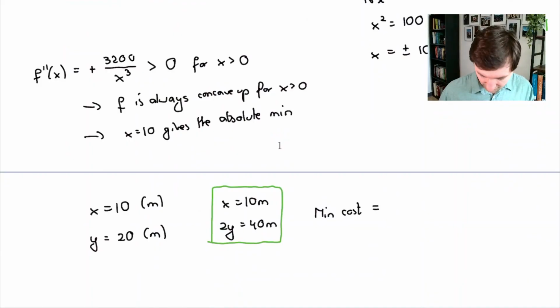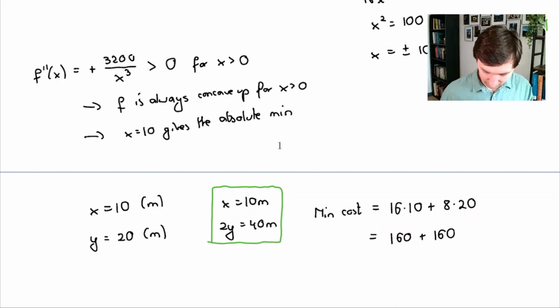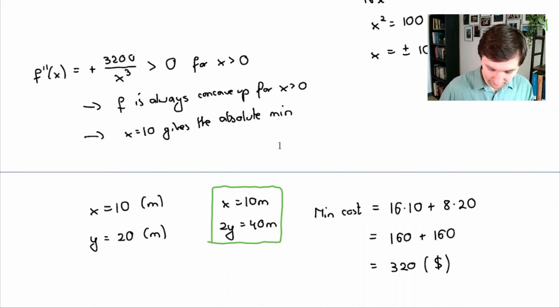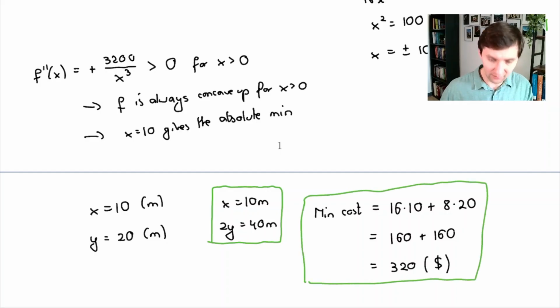Minimum cost is 16 times 10 plus 8 times 20. That gives me 160 plus 160, which gives me 320. The cost was given in dollars. The minimum cost is $320.